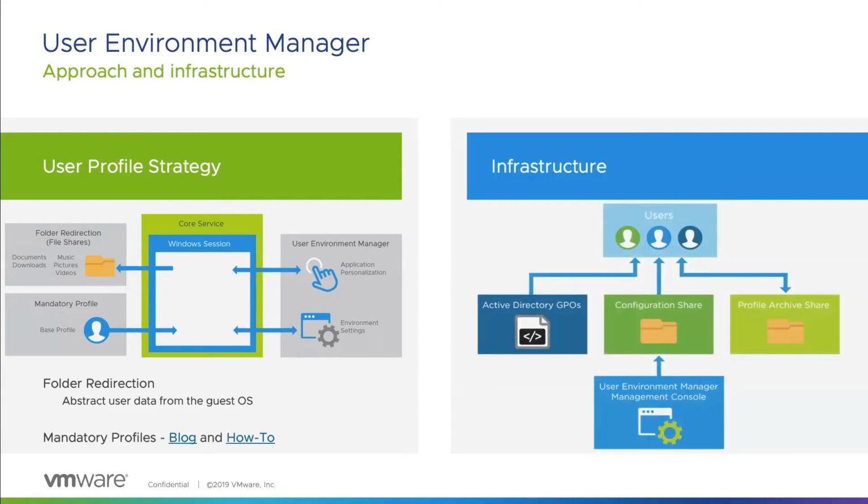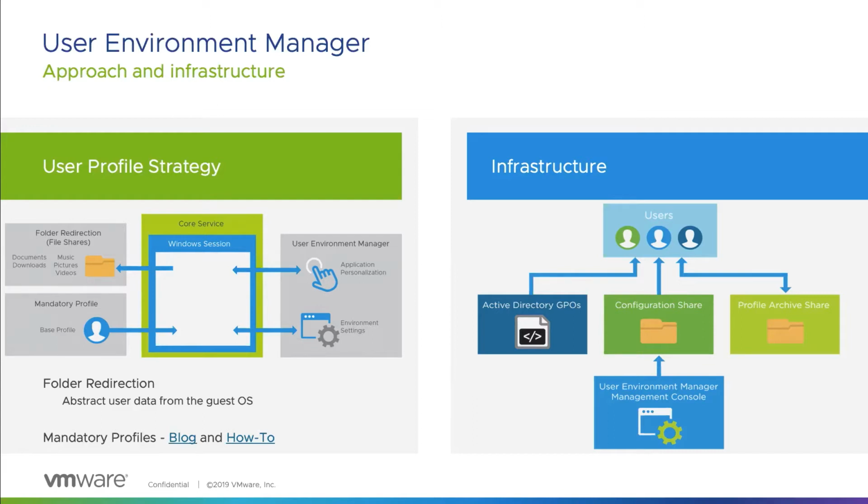So UEM has multiple components. The first component is the UEM Management Console. It doesn't even have a database. What it does is read a config file, which is a read-only file for the user and a read-write file for the admin, that it reads the settings from, right?